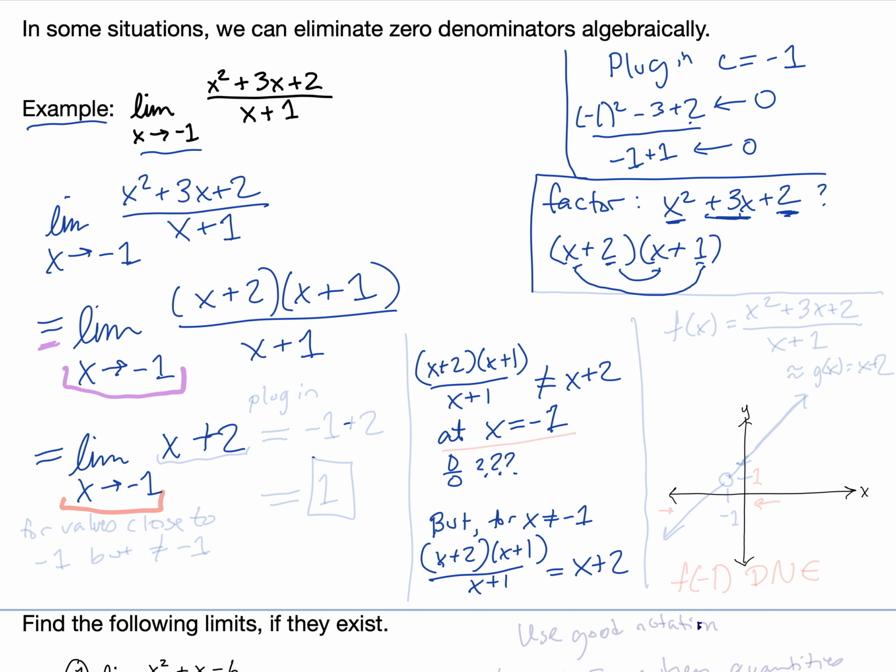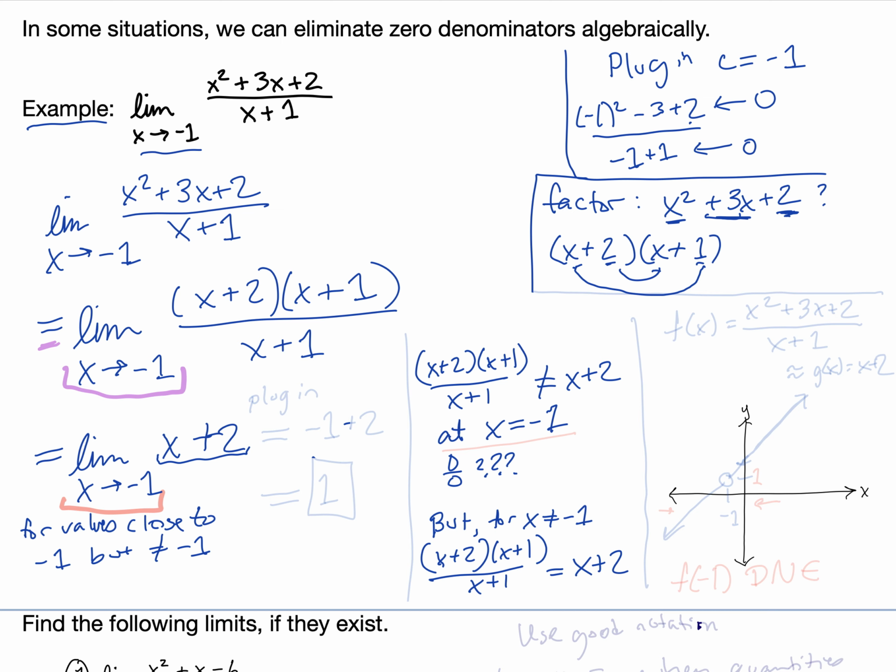So remember that the definition of the limit is for values close to c, for values close to negative 1, but not equal to negative 1. So values close to c, values approaching c, but not necessarily at c. And now this is just the limit of a very simple polynomial, x plus 2.